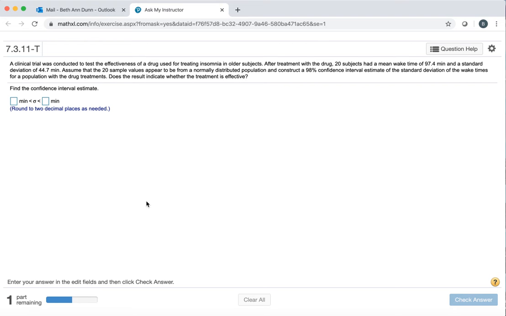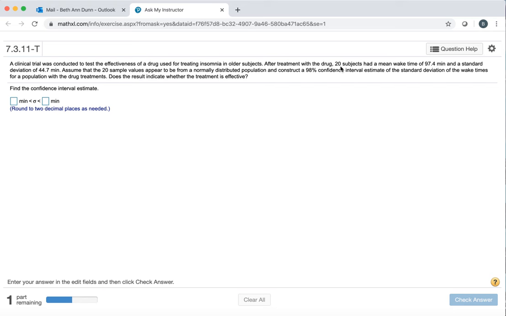So you have to find a confidence interval estimate for the standard deviation. Anytime you're finding a confidence interval estimate for standard deviation, you do need to use chi-squared. You were given the standard deviation right here. This is the sample standard deviation. And you were told that this treatment was done with 20 subjects.